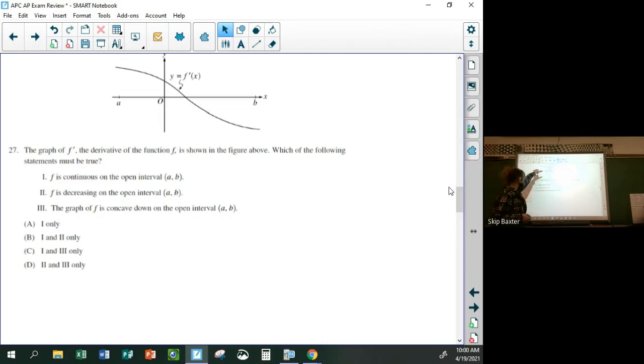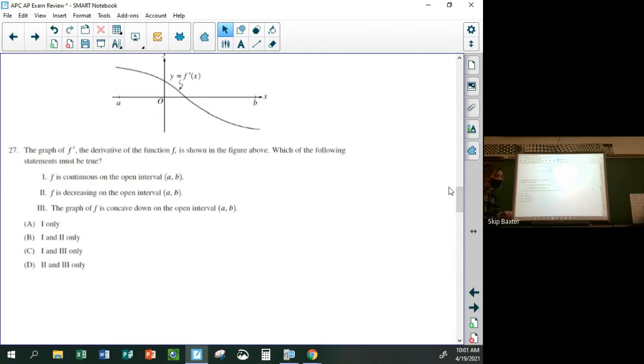What she's saying is if f prime is positive, which it is on that first chunk, that means f is actually increasing, not decreasing, right? Okay, good. And then f double prime would be negative.